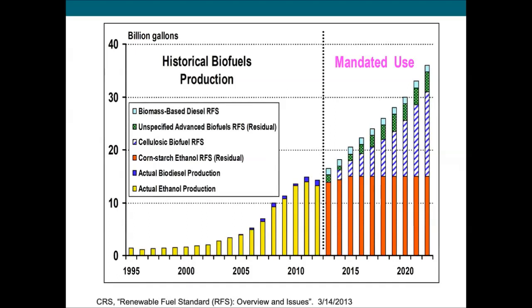And then there's a part of this also that's for diesel. So there was this projection of this mandated use. We're nowhere near close to that because of the cost of producing and the difficulties of scaling up production. But the very fact that this exists and it's out there is either a carrot or a stick, I guess, depending on your perspective.